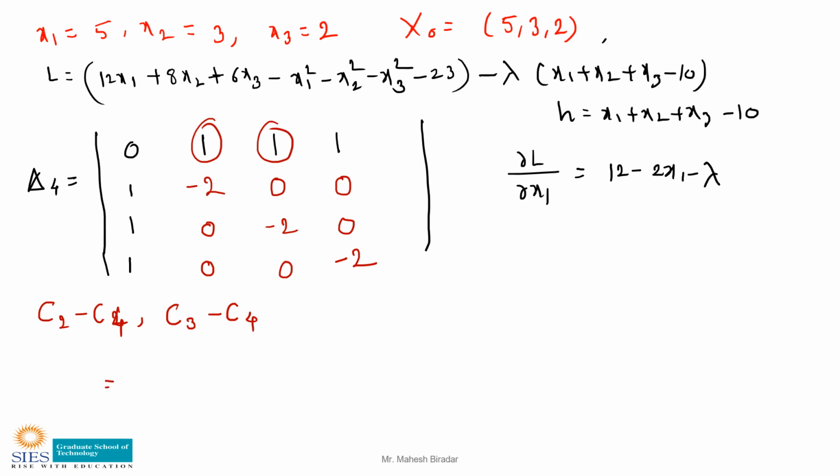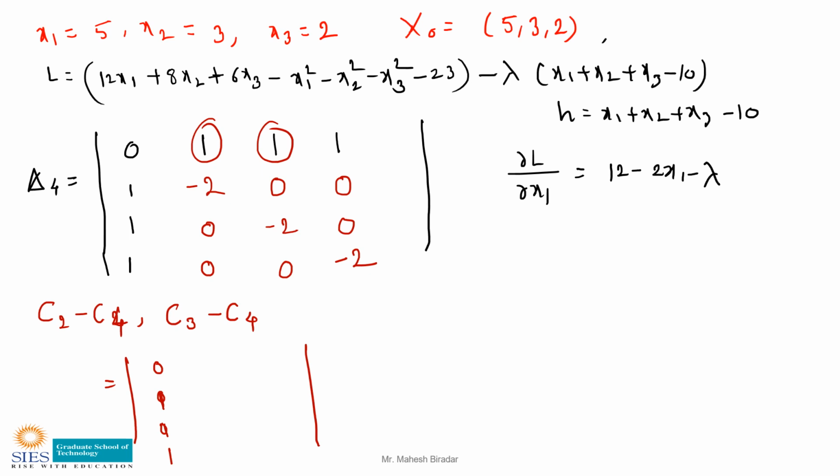So if I do this operation, this will be 0 0 0 1, then 0 and 0 1 1 and 1.